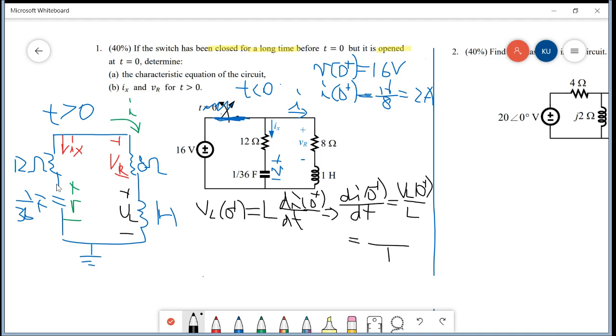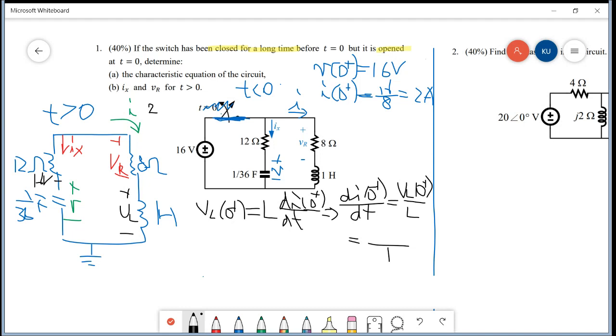And this is 16 volts. And the current I will be continuous, which means that this node is 16 volt, and this is 2.